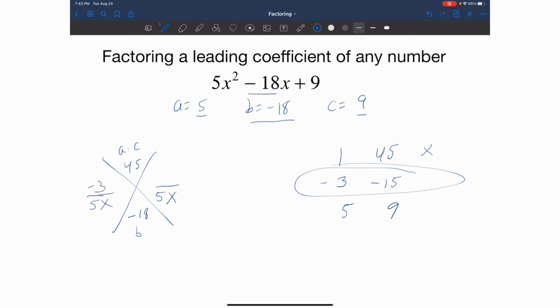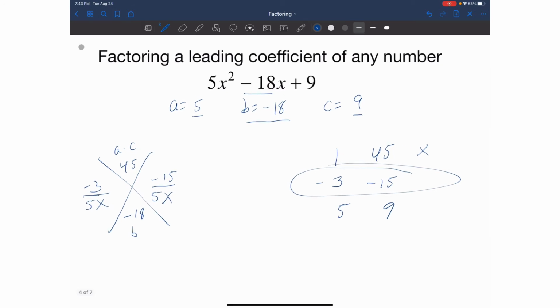So negative 3 and negative 15. So negative 3 over 5 does not simplify, but the one on the right does. So negative 15 divided by 5x will give me negative 3 divided by x. So we're kind of just simplifying the fraction, and then the x is always going to stay in the denominator.